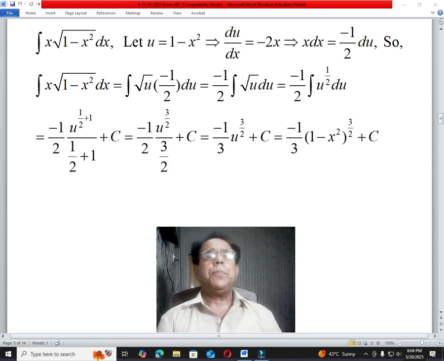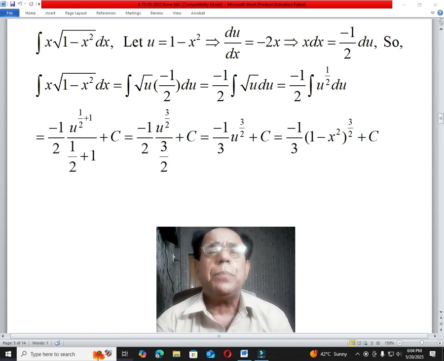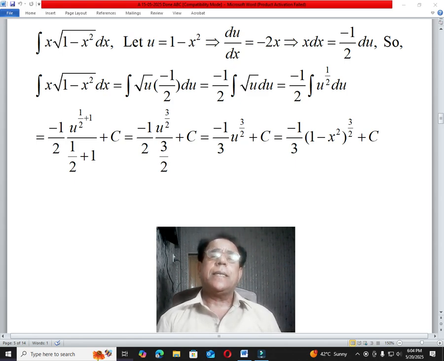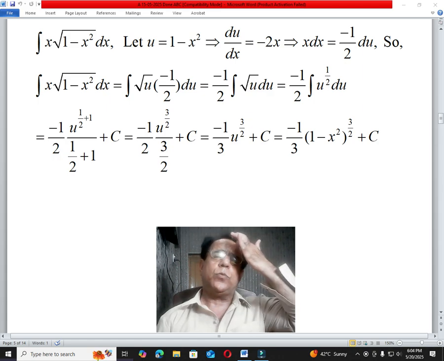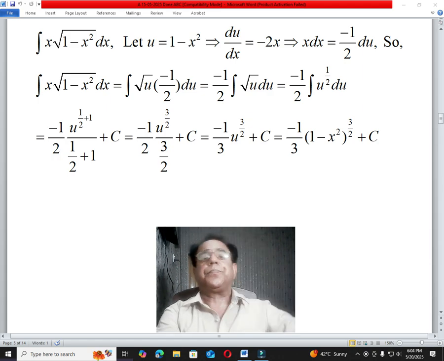So the next step will become minus 1 by 3 u raised to power 3 by 2 plus c. This is our answer. The only step remaining is that we have to resubstitute u by its original value. So our required answer will become minus 1 by 3 (1 minus x square) raised to power 3 by 2 plus c.